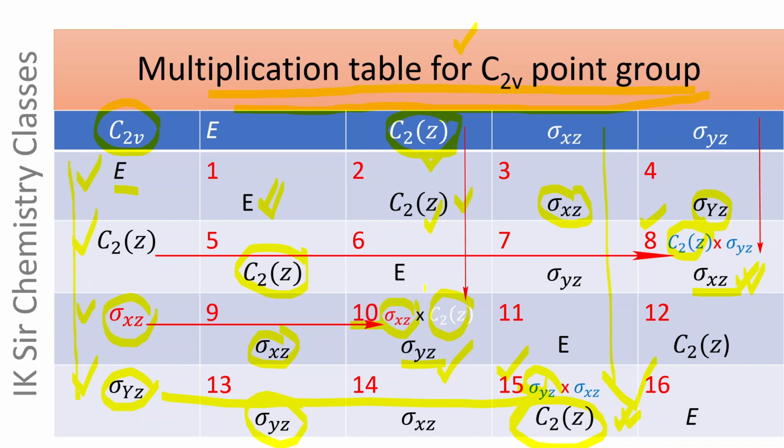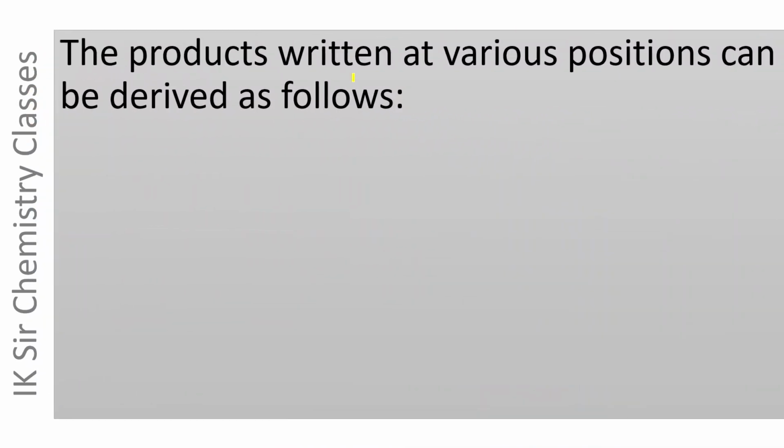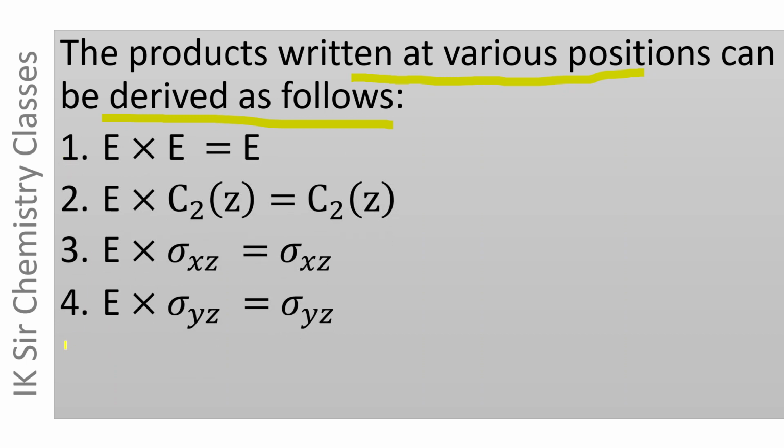Let us illustrate the product of positions diagrammatically. The products written at various positions can be derived as follows. We have already seen at positions 1 to 4, E into E is equal to E, E into C2Z is equal to C2Z, E into sigma xz is equal to sigma xz, E into sigma yz is equal to sigma yz.